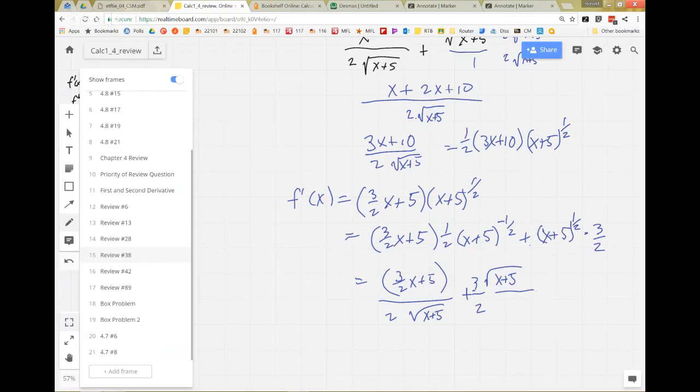Well, let's get a common denominator again. So once again, I need to multiply top and bottom by, let me change back to black so we can try to keep from being mixed up here, the square root of x plus 5.